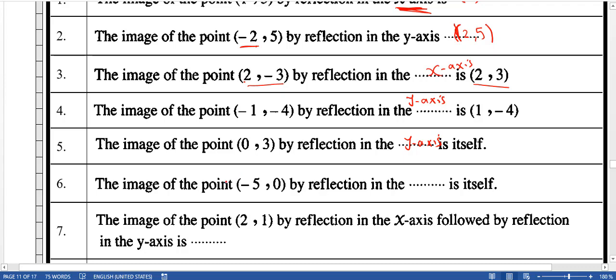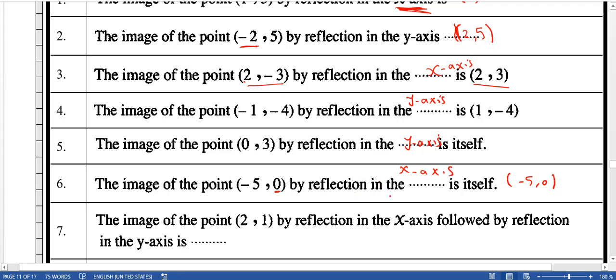Here it's opposite. The image is itself, the same point, negative 5 and 0. We change the sign of 0, and 0 has no sign, so we can't change any sign here. 0 stays as it is. So we reflect this point in the x-axis.